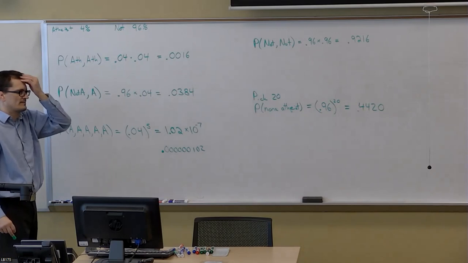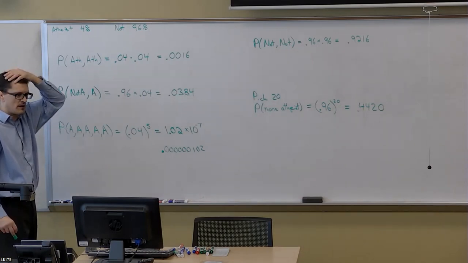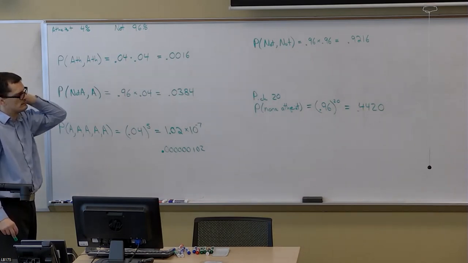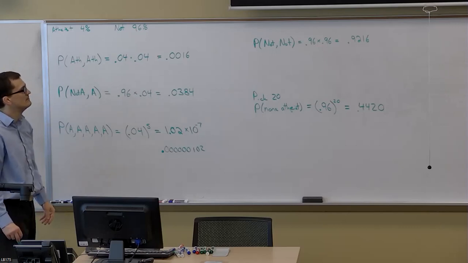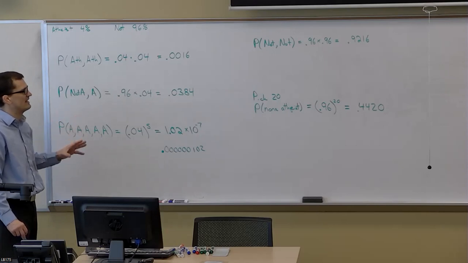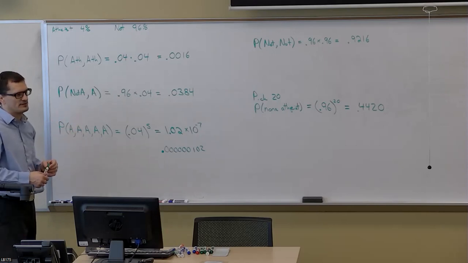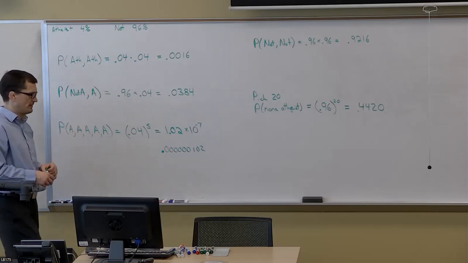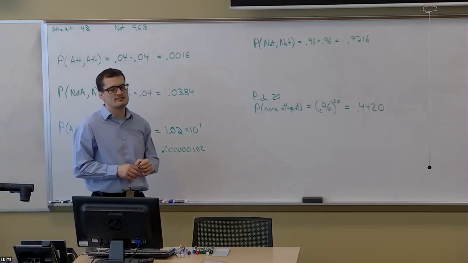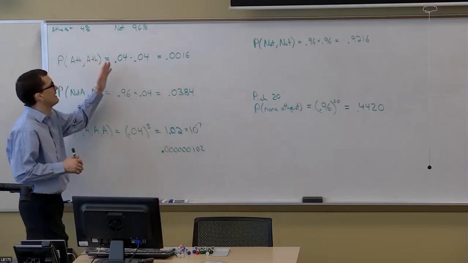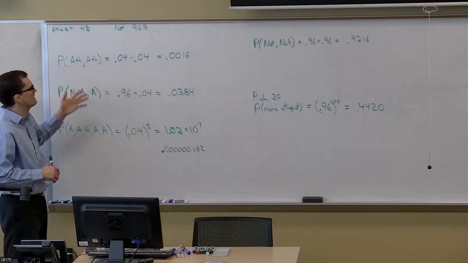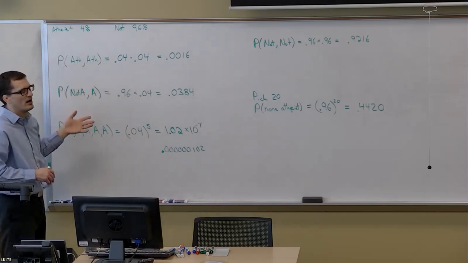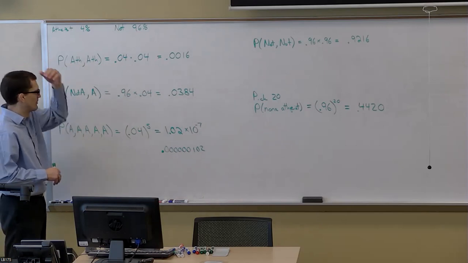Is that all right? So that's the idea of independent multiplication. We saw doing this using classical probability on the roulette example, and now we see this using picking over and over and over.